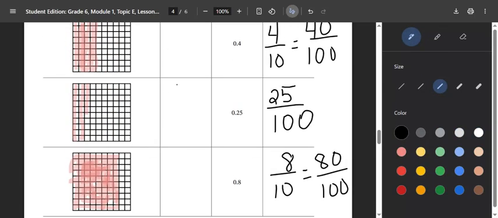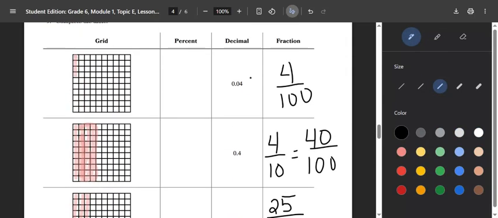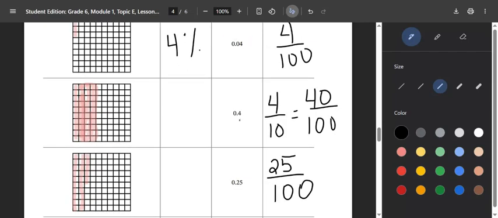All right, so here we have, let's go back over it. 4 hundredths, written as a fraction, is 4 over 100. Written as a percent, that's 4%. Then the next one is 4 tenths, written as a fraction, is 4 over 10, which is the same thing as 40 out of 100. So this is 40%.